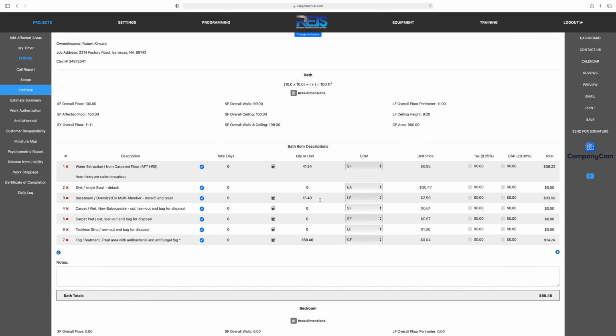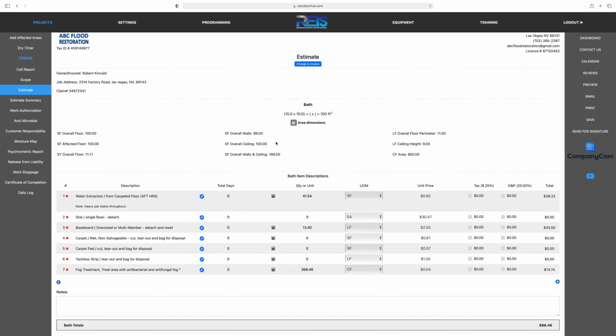So this is a fantastic area on your estimate. Using the manual input, you can type it in here manually for quantity or unit, or use the calculator. And I'm going over it again: the calculator is for square foot, linear foot, and cubic feet.